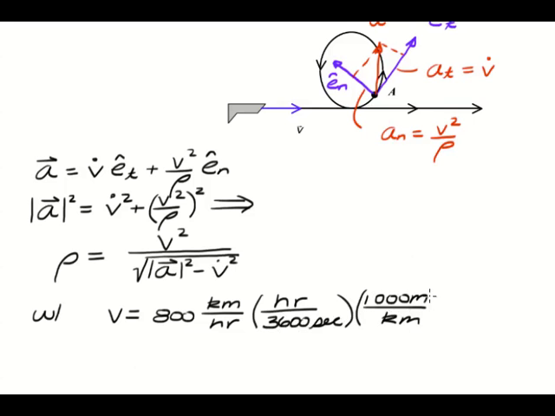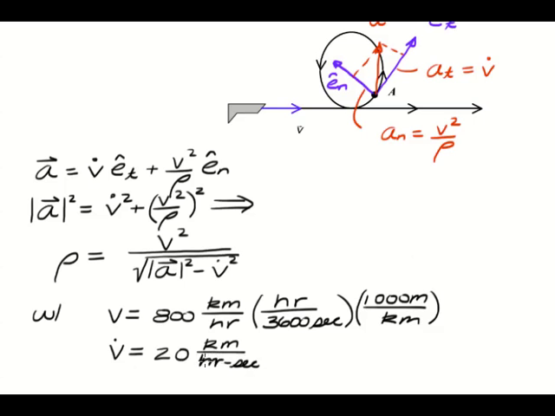So what this is going to do is give us the speed in terms of meters per second. v dot, that's our rate of change of speed. That's given to us in some sort of odd units here. That's 20 kilometers per hour per second.